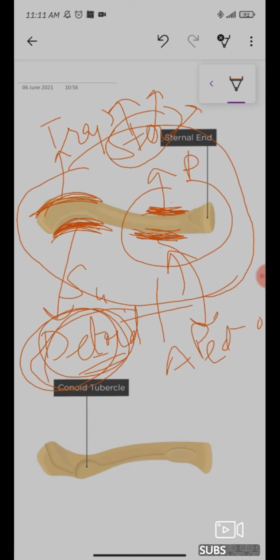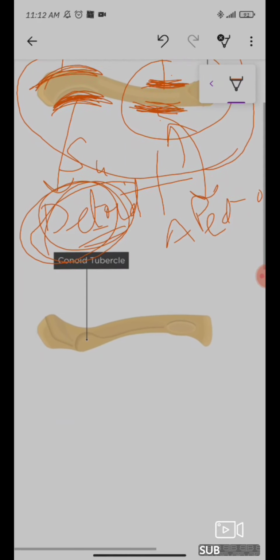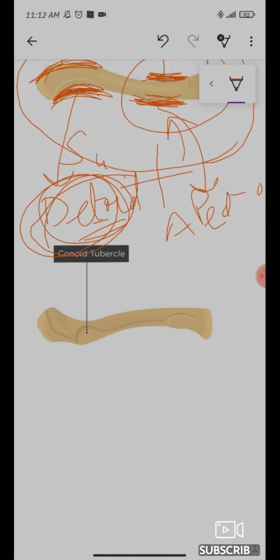So we have completed the whole talk about the superior surface of clavicle. Now we will talk about the inferior surface. Here, this is the medial two-third part of the inferior surface, which provides attachment to the costoclavicular ligament.